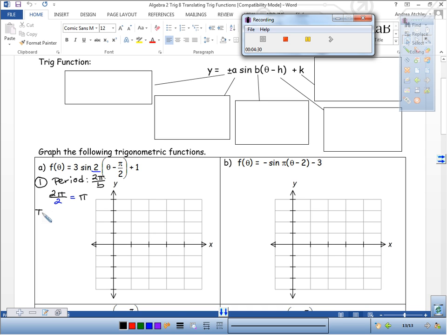So to label the x-axis, you're going to take the period and divide it by 4.